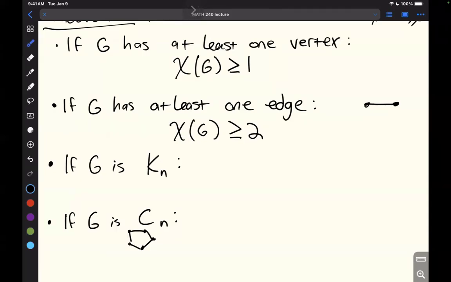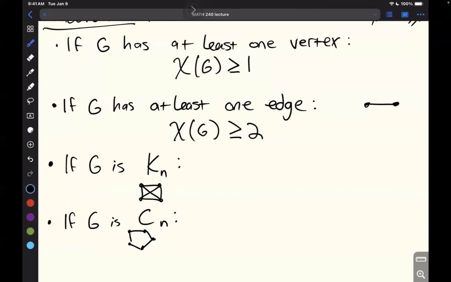All right, so what if we have a complete graph? Each vertex is connected to every other vertex, so each individual one has to be its own color. Yes, that's the main idea. That's like when we talk about the clique. So the complete graph on 4 vertices, each of these is adjacent to each of the other ones. And so we cannot reuse colors.